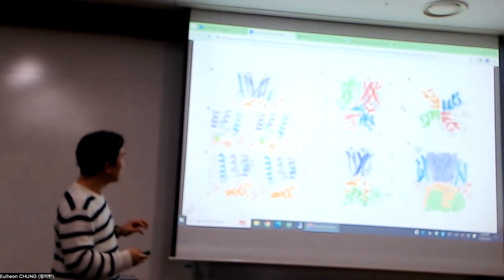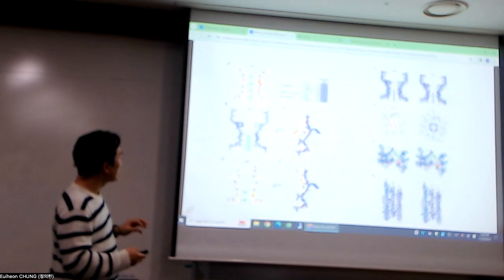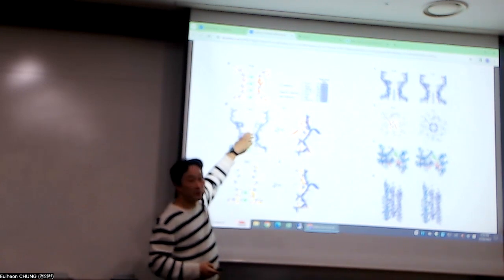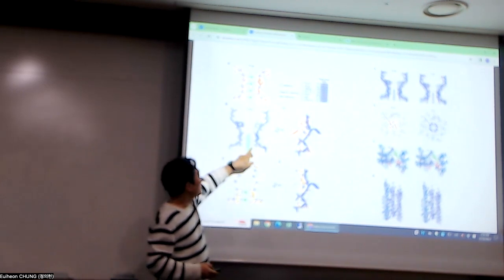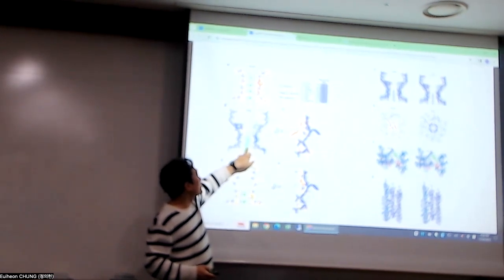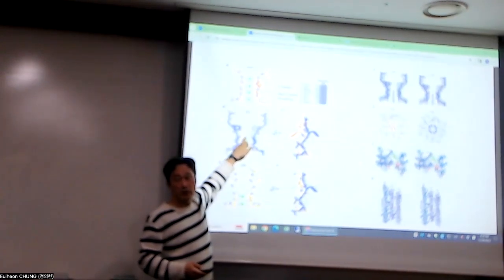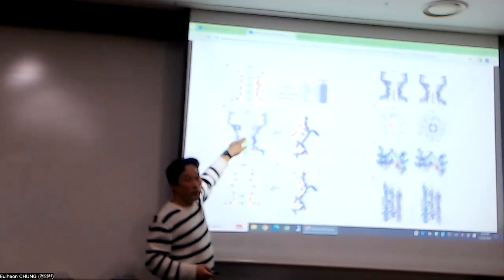But compared to that, let's check. Since there are only 2 chambers, let's say chamber 3 is occupied by potassium ions, and this one is without the ion.